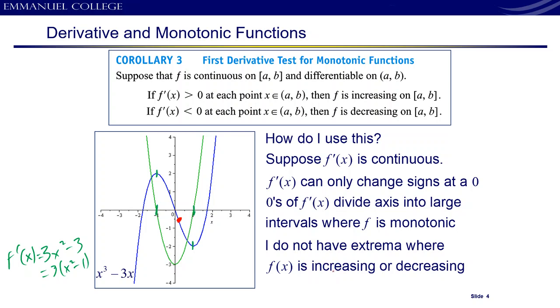Now, you do have to be careful of whether you are on a closed interval. Because if you're on a closed interval, like the previous one, from -3 to 1, then you had to take into account the endpoints. The endpoints are the only exception of the intervals of increasing or decreasing.